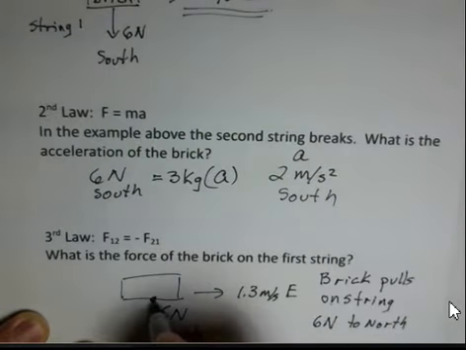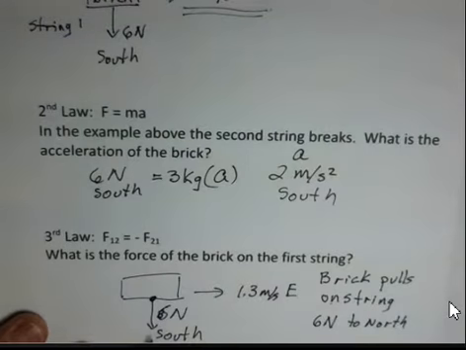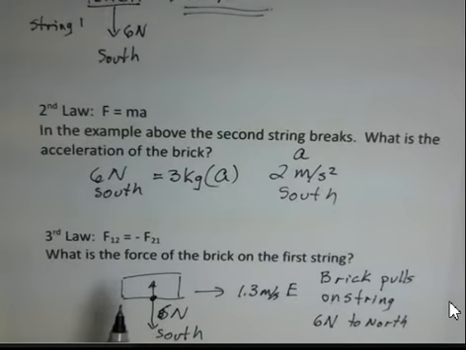So right here, if you consider this contact point, the string is pulling to the south with 6 newtons on the brick. The brick is pulling north with 6 newtons of force on the string. So that's Newton's third law. There's an equal magnitude but opposite direction force.